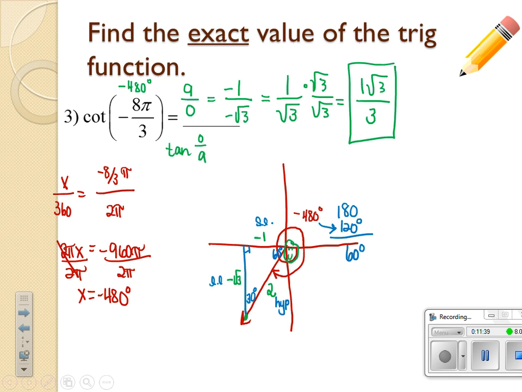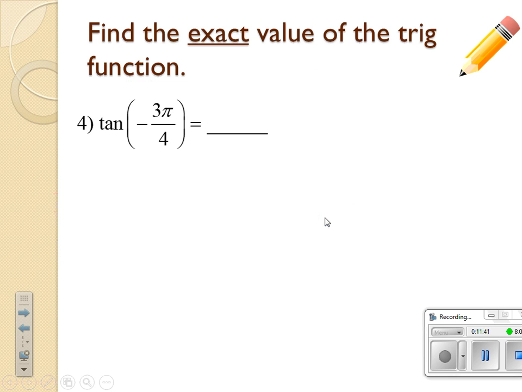All right, let's do one more. All right, let's find the exact value of the trig function at tangent of negative 3 pi over 4. So negative 3 pi over 4, let's go x over 360 is equal to negative 3 pi over 4 over 2 pi.